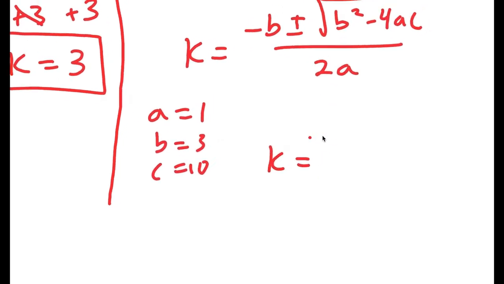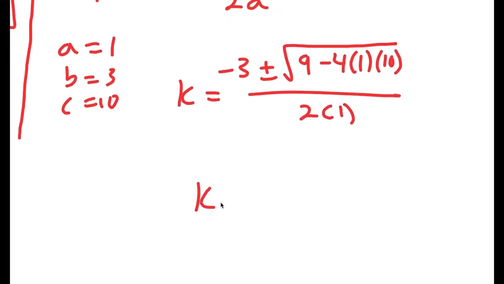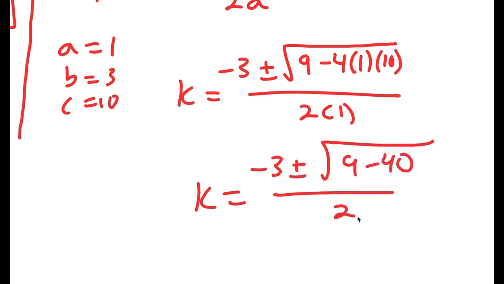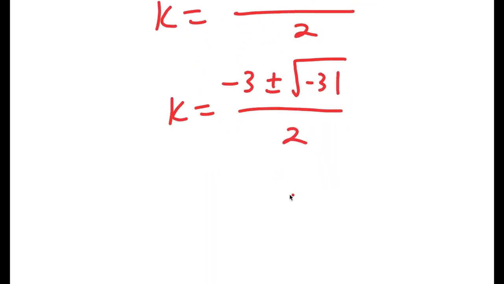So I get k equals negative 3 plus or minus the square root of b squared, which is 9, minus 4, times a, which is 1, times c, which is 10, all over 2a, so 2 times 1. So now this is equal to negative 3 plus or minus the square root of 9 minus 40 over 2, which is equal to negative 3 plus or minus the square root of negative 31 over 2.